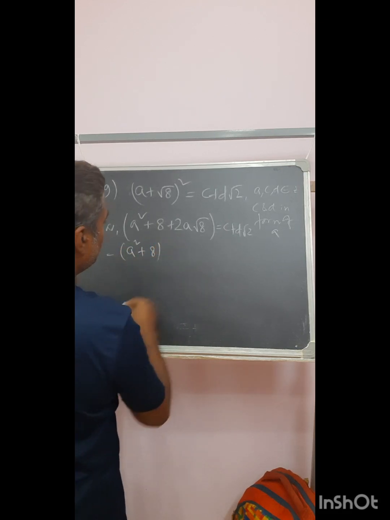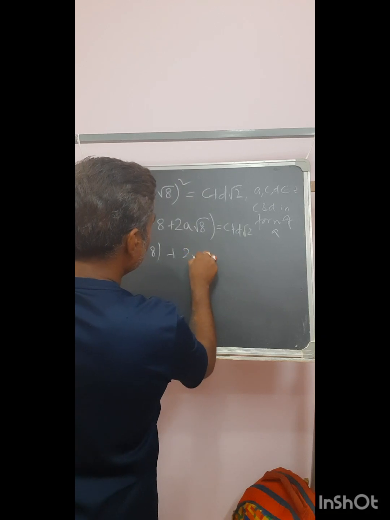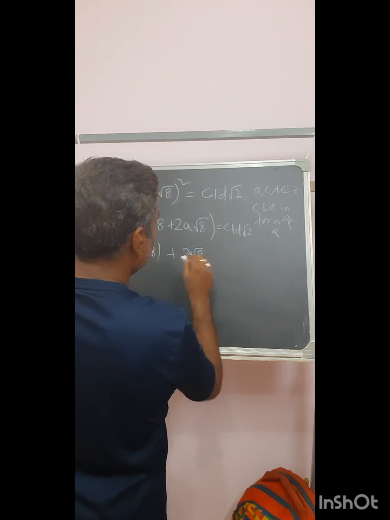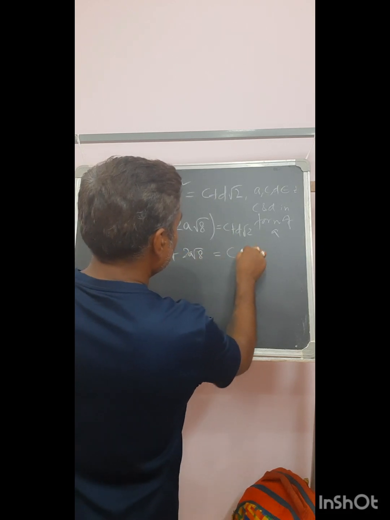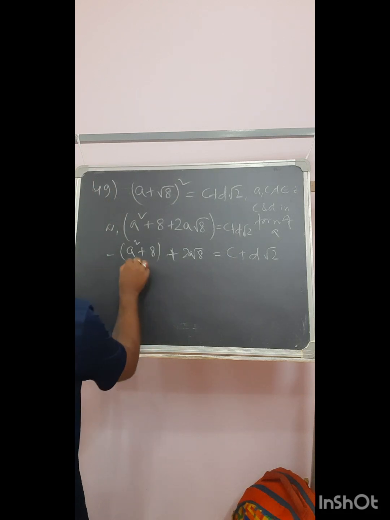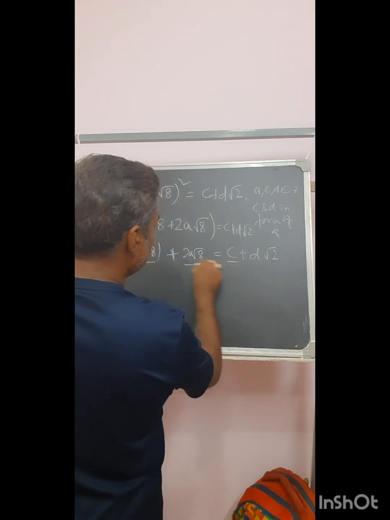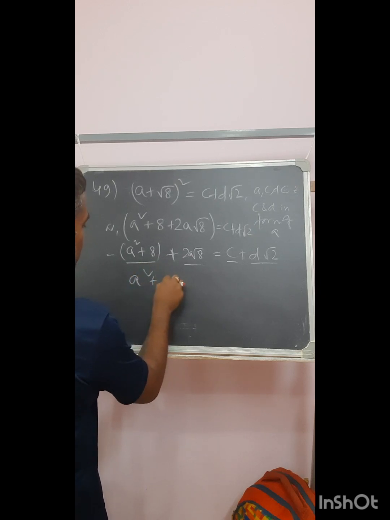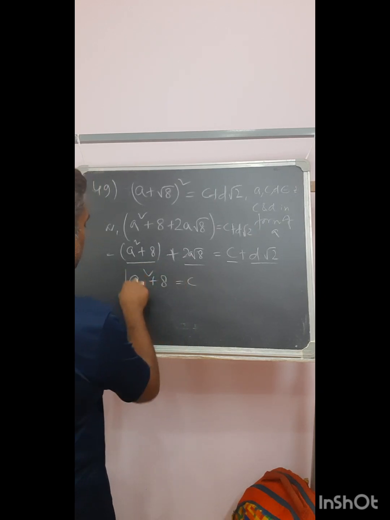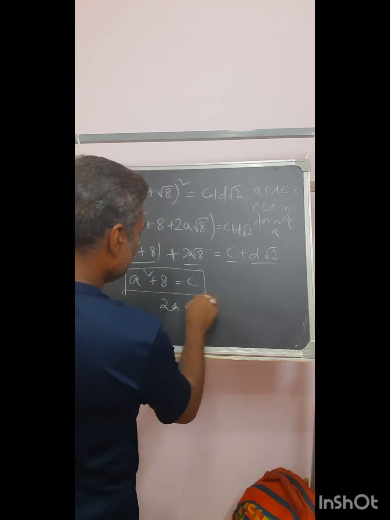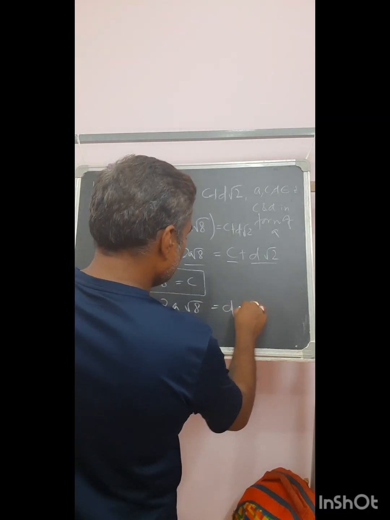This is the integer part, and this is your surd part. So if I assume that both are equal as per the condition, this part should be equal to the integer, and this part should be equal to the surd. So a square plus 8 is equal to c, so c is represented in the form of this, and 2a root 8 is equal to d root 2.